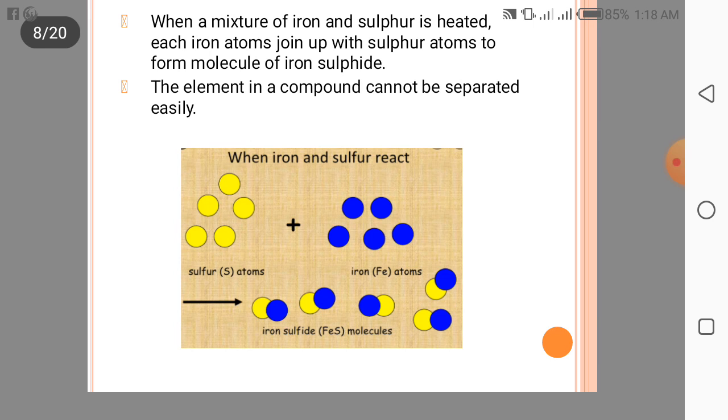When a mixture of iron and sulfur is heated strongly, each iron atom joins up with a sulfur atom to form a molecule of iron sulfide. The elements in a compound cannot be separated easily. Here you can see the picture in which sulfur atoms and iron atoms are heated strongly and form iron sulfide. FeS is the formula for iron sulfide.